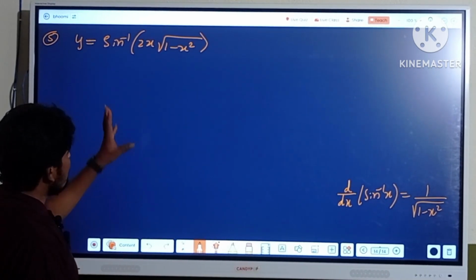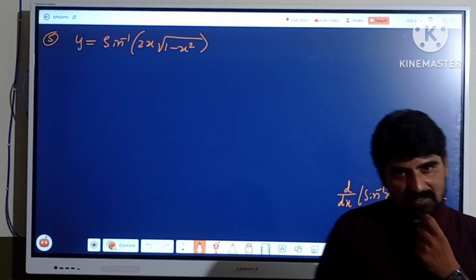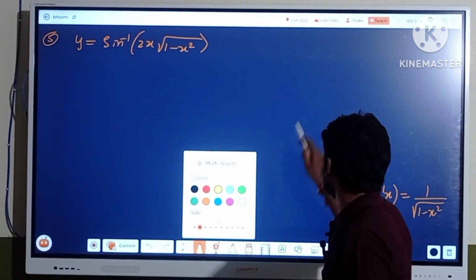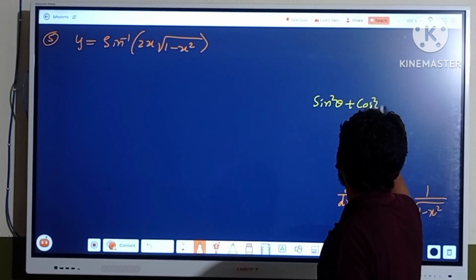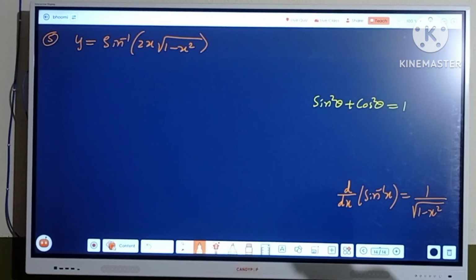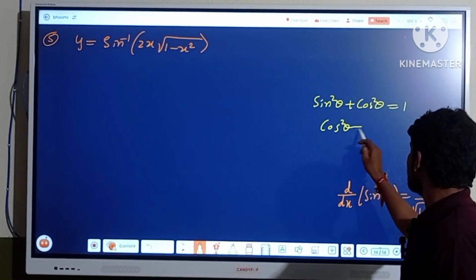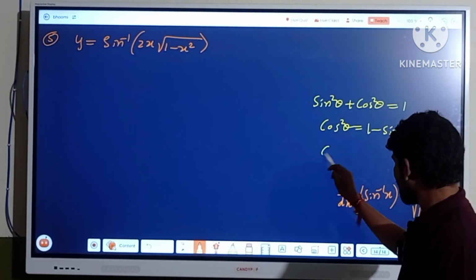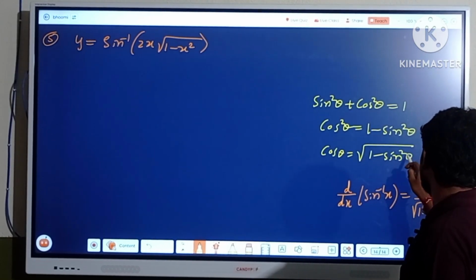So observe here, under the square root there exists 1 minus x square. So recall the identity. We know that sin square theta plus cos square theta is equal to 1. So cos square theta is 1 minus sin square theta. So cos theta is equal to square root of 1 minus sin square theta.